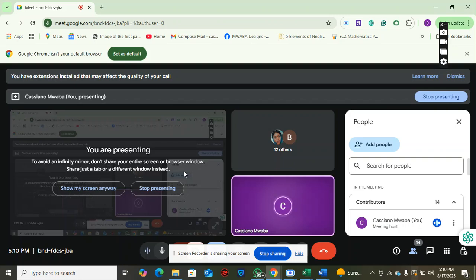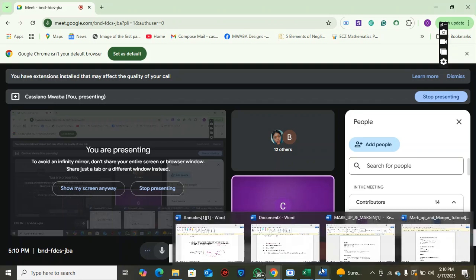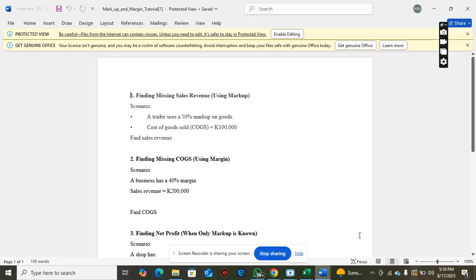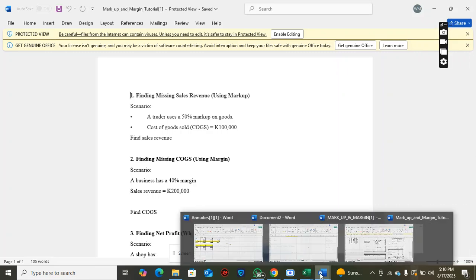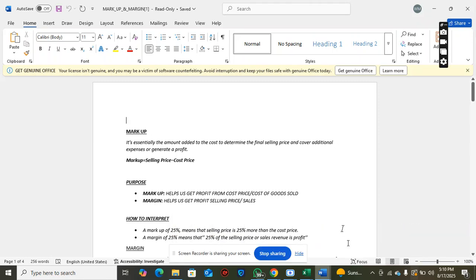You add 75 plus 7.5, that gives you your selling price. So markup is the percentage added to the cost price to give you your selling price.